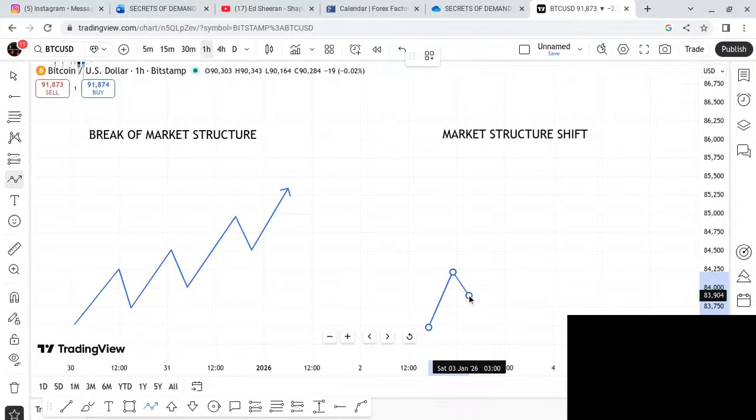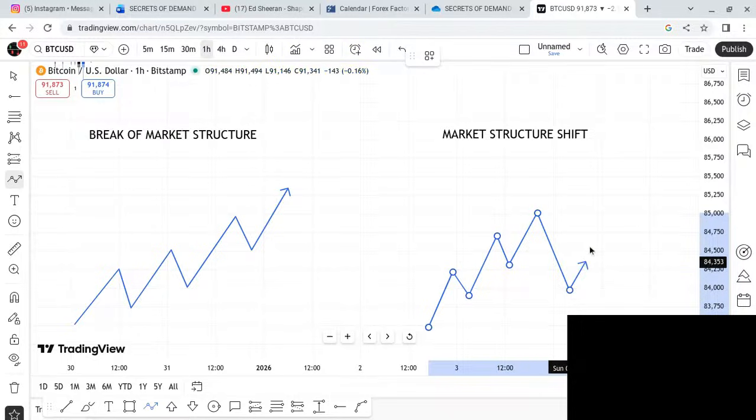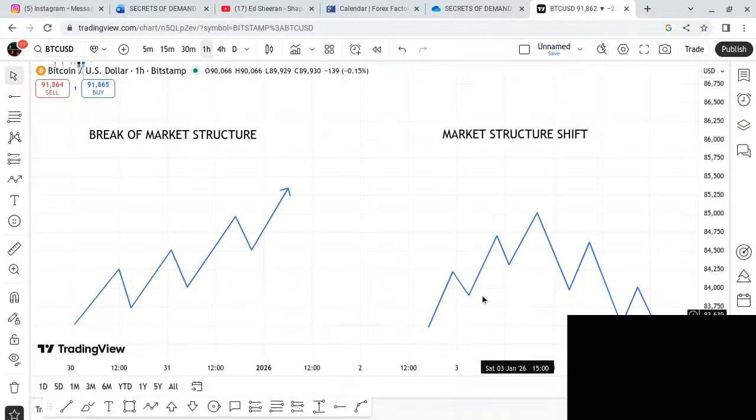At a certain point the market will fall and basically change the trend. Remember, we know the uptrend and the downtrend. So at a certain point, the market will have to change the trend, which means here the market kept the trend.